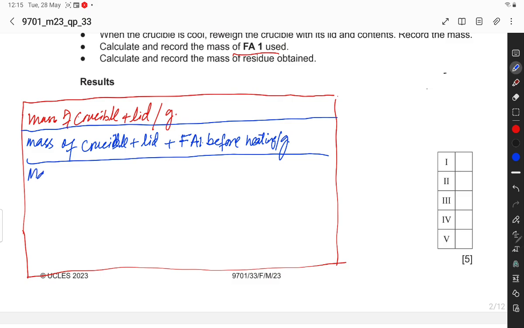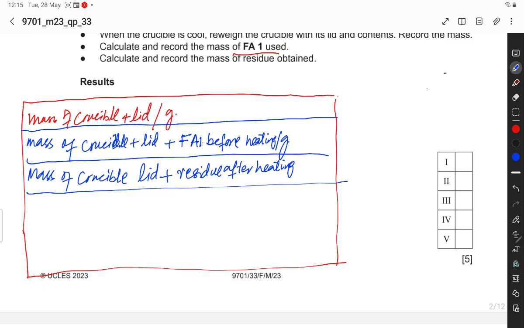Then mass of crucible, lid plus residue after heating. Don't write FA1 over here because this is now residue.